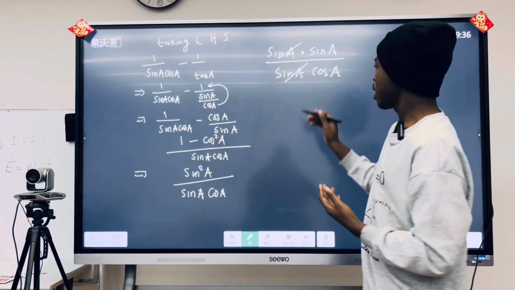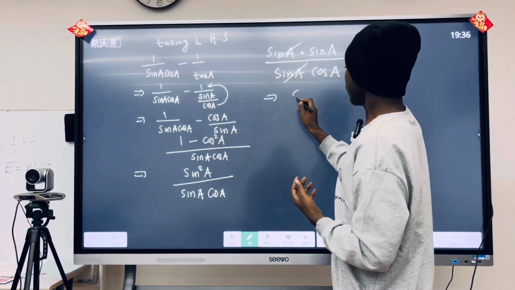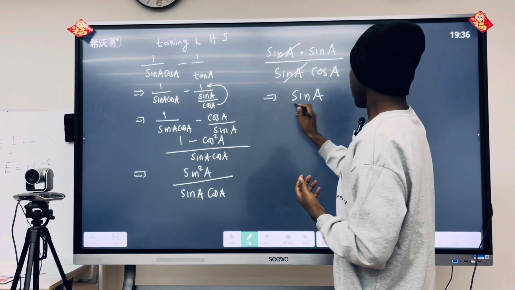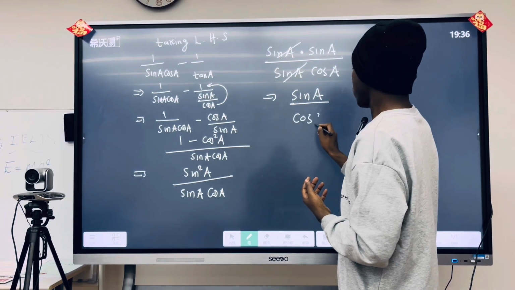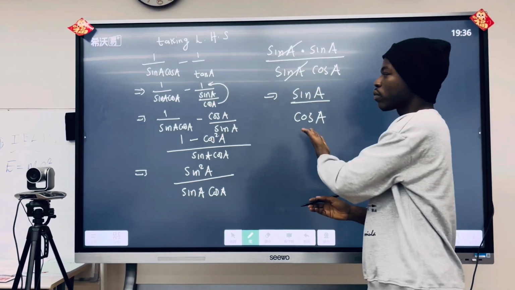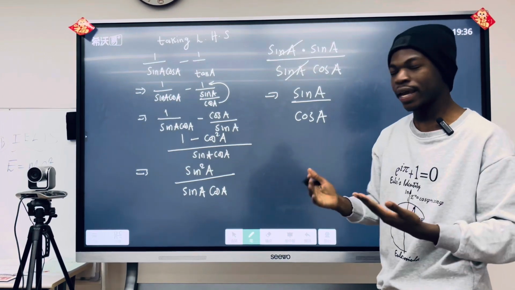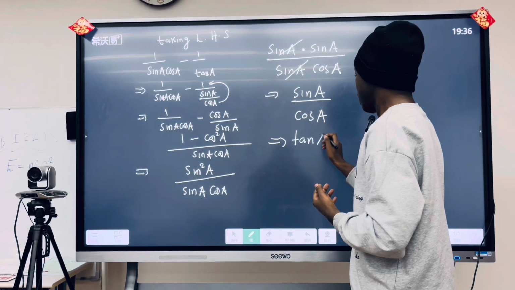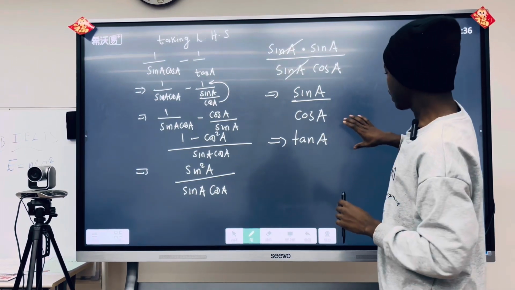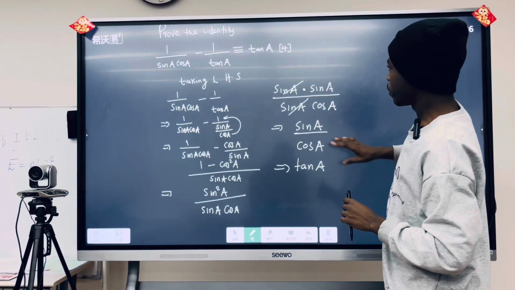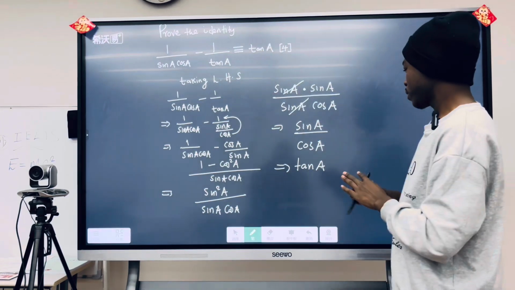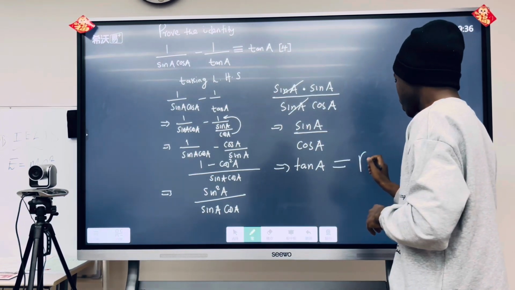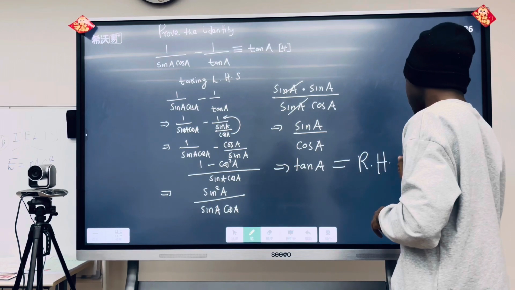What do I remain with? I will remain with sine A over cos A. And we know that sine A over cos A is basically equal to tan A. When you look at the problem that we had, it's equal to the right hand side. So this is all equal to the right hand side.